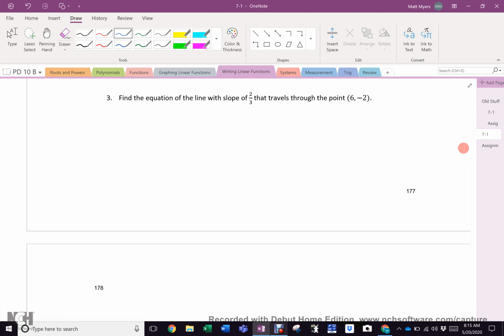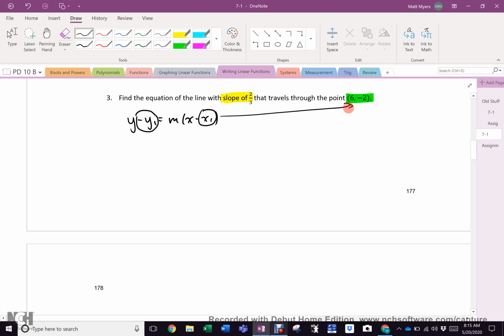All right. Sir, what do we have here? We have a slope and we have a point. So obviously it is point-slope form. Y minus y1 equals m times x minus x1. And we remember that these are the points from here.